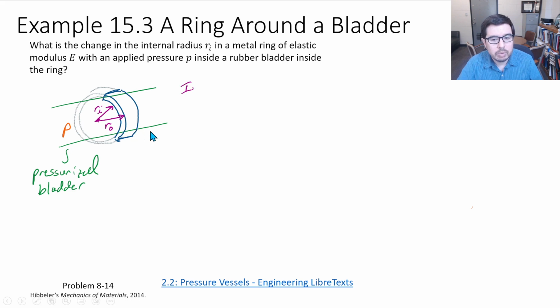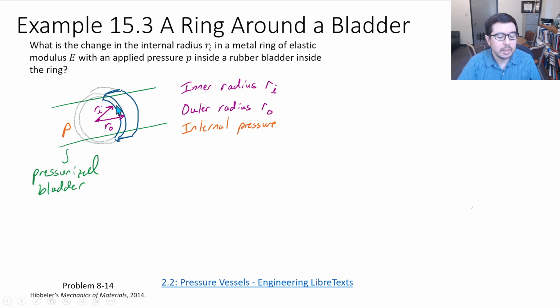We have some parameters. We have the inner radius, Ri, and this is describing the ring. We have outer radius, R0, again for the ring. And the bladder's right inside up to it. We have internal pressure, P, that's the pressure inside the bladder. We have elastic modulus, E, for the ring.